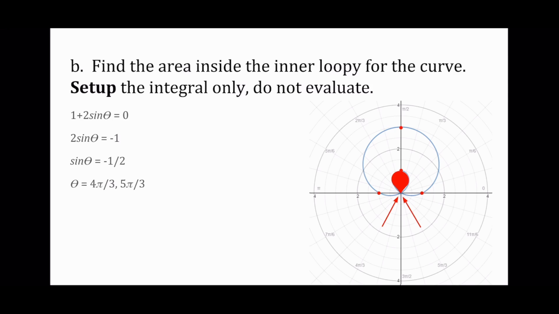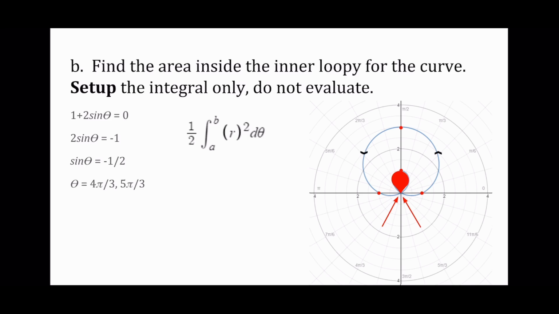Now, the equation for the area of a polar curve is 1/2 integral a to b of r squared d theta, as given here. And so, because our curve is moving in this direction, as indicated by the arrows, starting at angle 0 and going along the curve in the direction of the arrows, we see that first the curve hits the pole at 4 pi thirds, and then it leaves the inner loop at 5 pi thirds.